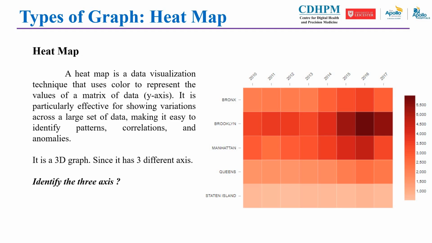So same like that, heat map means the dependent variable, which is nothing but the color of the data point, is represented in the form of an intensity of the color.